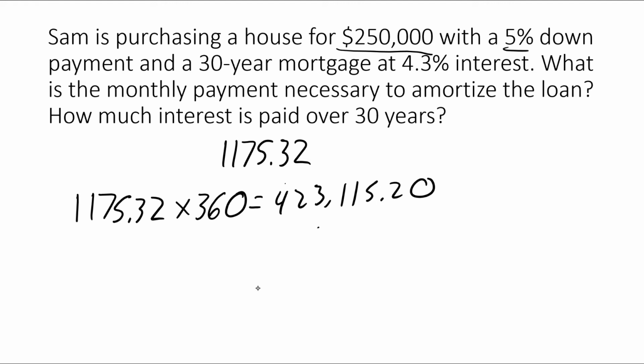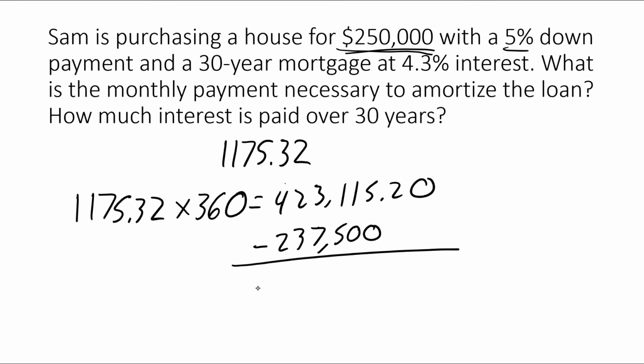Now, what we want to subtract out of that is not how much he paid for the house, so not that number, but rather the amount that he got a loan from the bank for. So the amount of money that the bank gave to him. And if you remember, that was the loan amount, or the purchase price, $250,000, minus the $12,500 down payment. And so that was $237,500.